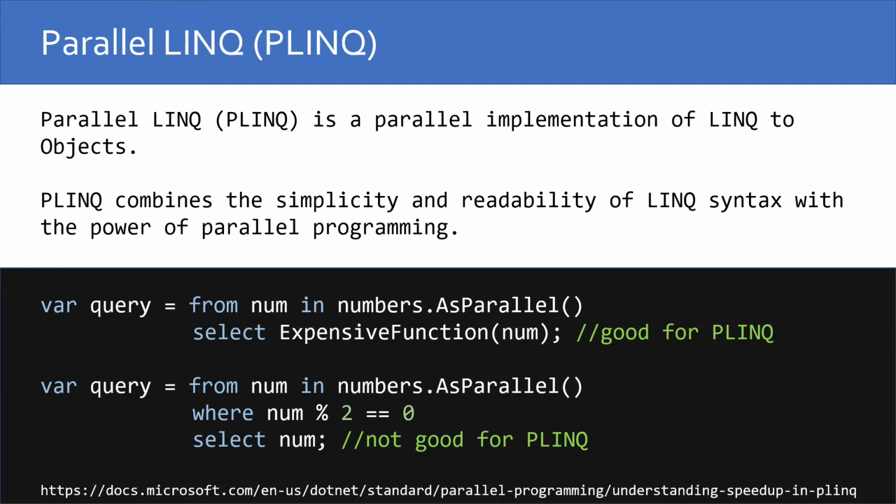So if you're doing a simple operation, kind of like on the bottom, where you're just checking to see if the number's even or not, that will actually result in a slower time than just doing it without AsParallel. But if you're doing an expensive function, like up top, that's a lot better for parallel LINQ, and that will increase your performance by quite a bit.